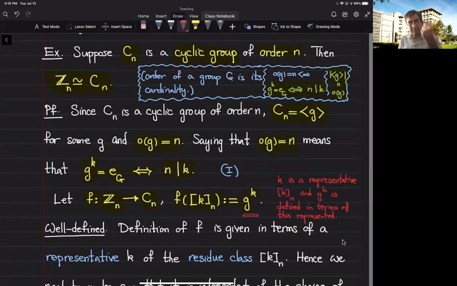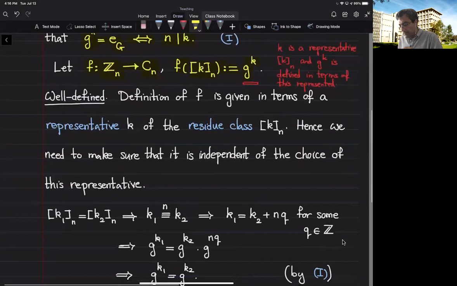Whenever we choose a representative and then we make a general rule out of it, we have to be cautious about stereotyping. We have to make sure that this g to the k does not depend on the choice of representative out of this equivalence class. Okay, so that's the well-definedness issue.